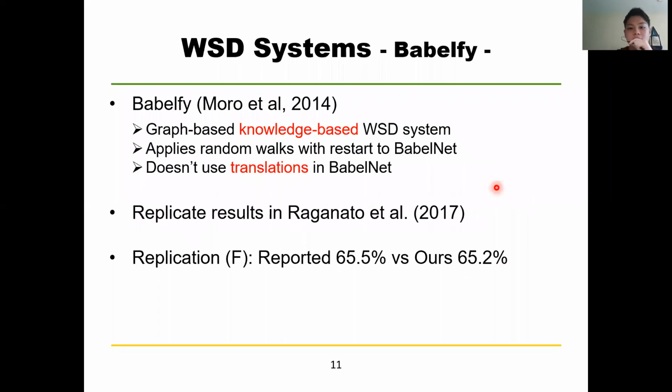And the next system is Babelfy, which is a knowledge-based system applying random walks with restart to BabelNet. However, it doesn't use translations in BabelNet. And we again replicate the results in the R17 paper, and we could get very close F-score in total.